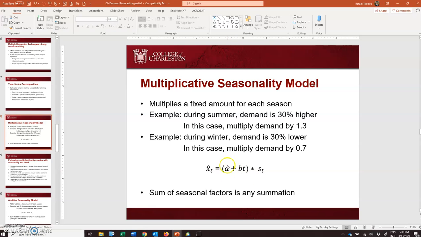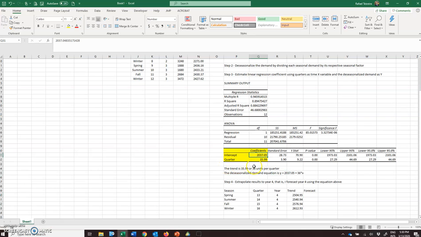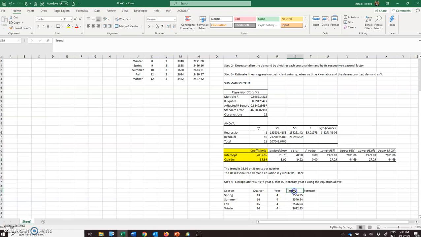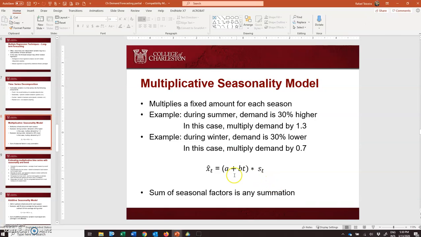Remember we got the coefficient. This A is this number right here, and this B is the coefficient that connects the time, in this case measured in quarters, with the demand. Okay, so this is the demand, the trend in the demand. So this is what we did.